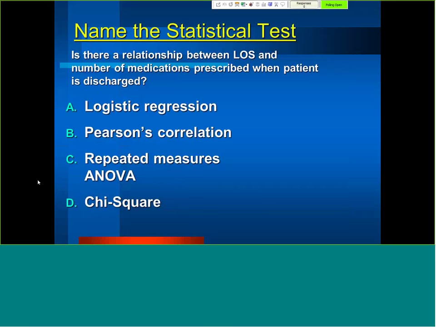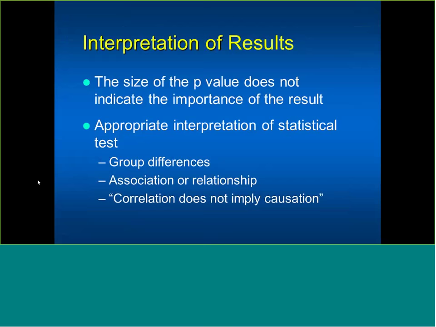I want to look at the relationship between the two, so what would I use? Pearson's, yes, Pearson's correlation. So I'm going to see if those two are correlated. I think you did pretty well, or at least the ones that called out an answer did well. All right, so in wrapping this up, interpretation of results.